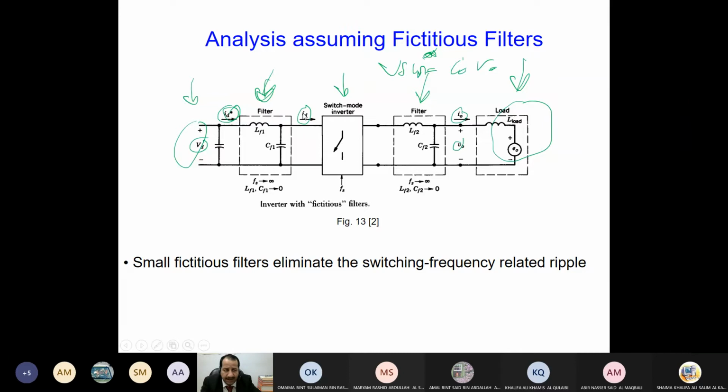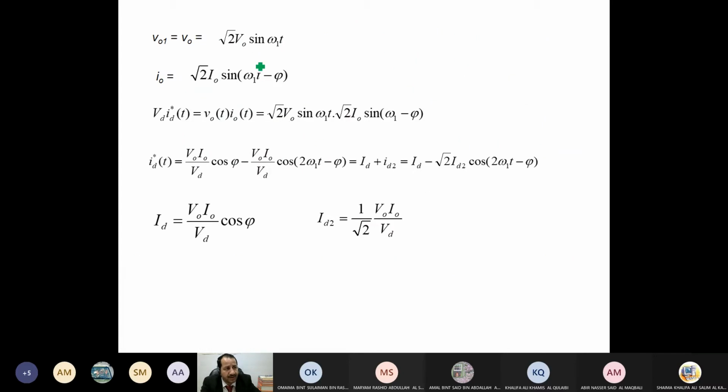Now, I know from the discussion that the output voltage is a sinusoidal waveform, square root 2 Vo sine omega t. And if I calculate the current, it will also be the maximum current times sine omega t minus phi, where phi is the phase shift between current and voltage.